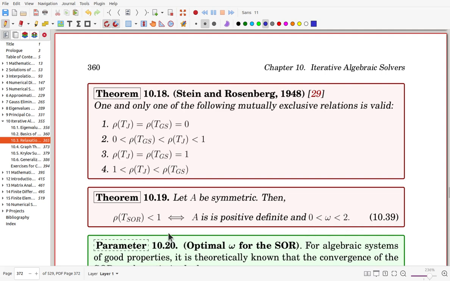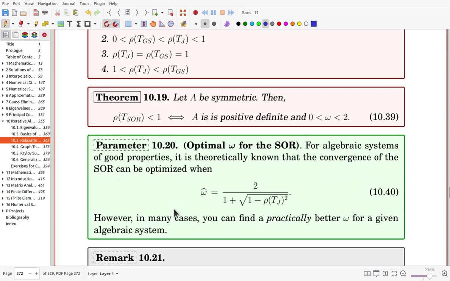So when you are using SOR with omega between 0 and 2 and it is always convergent for a symmetric matrix, then the matrix must be positive definite. And also, once you know the matrix is positive definite, then if we choose omega between 0 and 2, the SOR will always converge. Okay? The meaning of the theorem is quite clear.